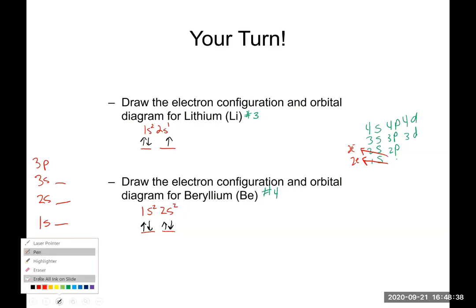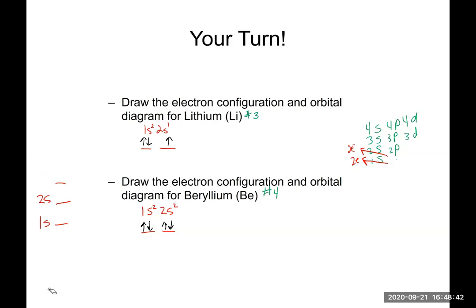Let me erase that and fix it. Okay, 2s, 2p, 3s. And so they'll draw it like this, and then they'll fill it up from the bottom to the top.